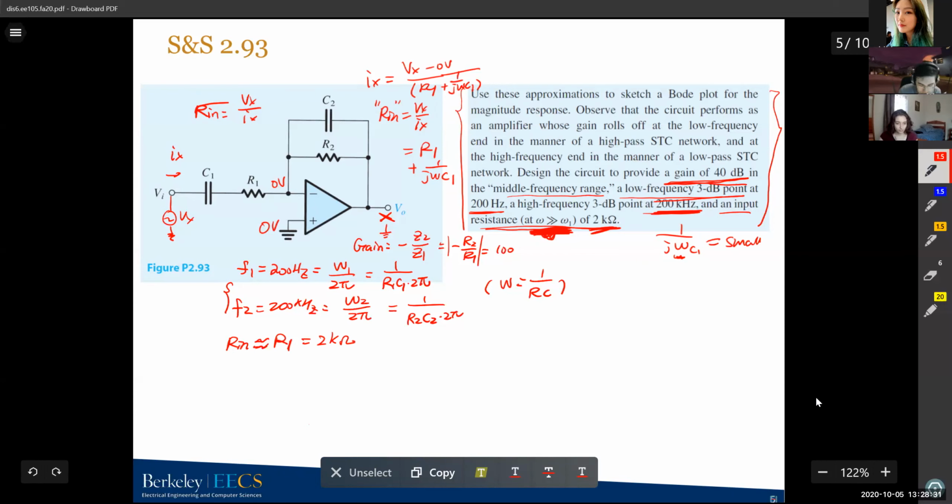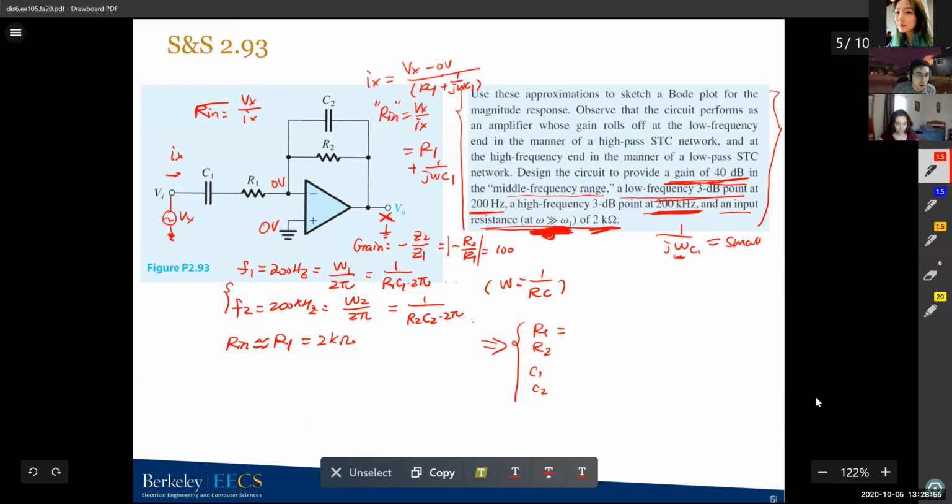Then the problem is solved. We have R1 equals 2k ohms and the ratio of R1 and R2. Also, we have 4 equations to solve for 4 values. This is doable. Using these 4, we can solve for R1, R2, C1, and C2.